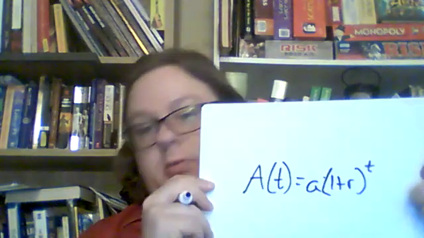So the function for this, the actual formula, is A(t) = a(1 + r)^t.